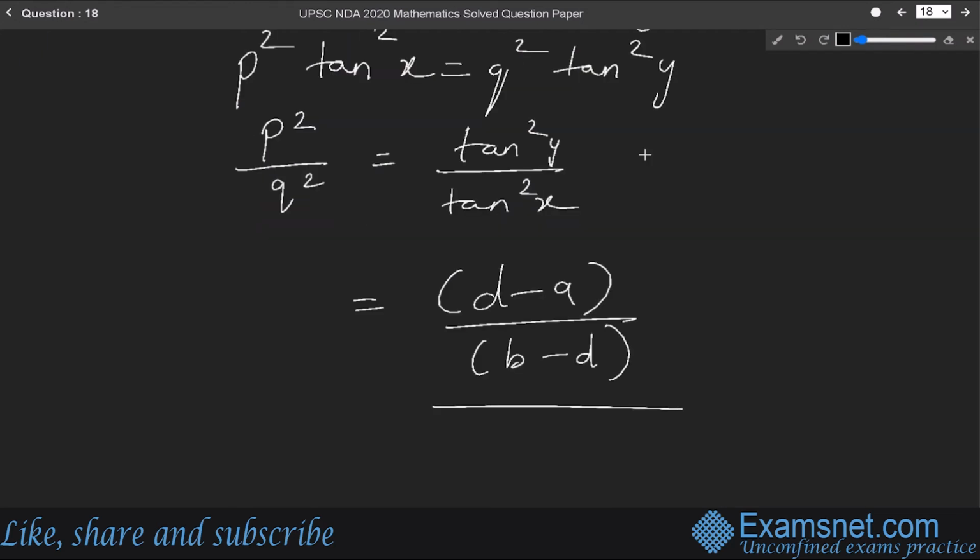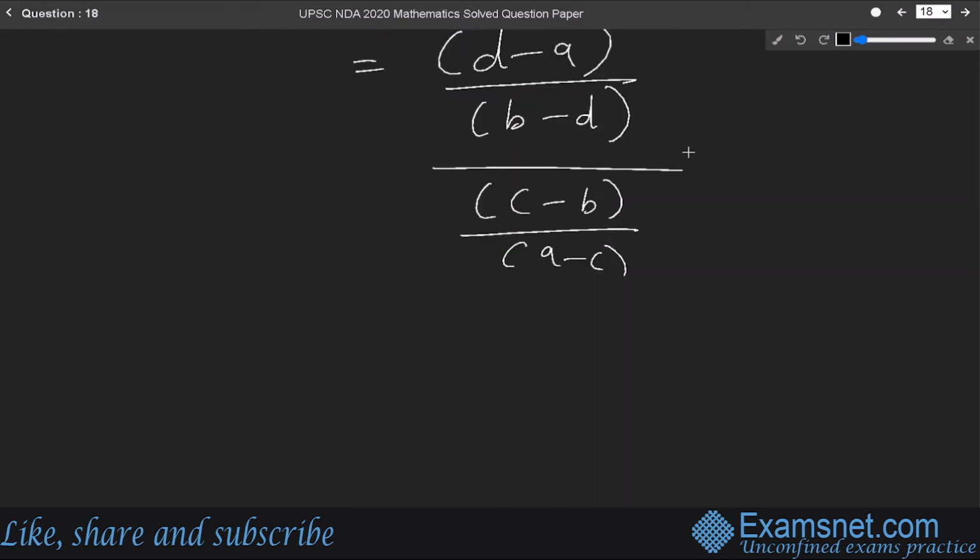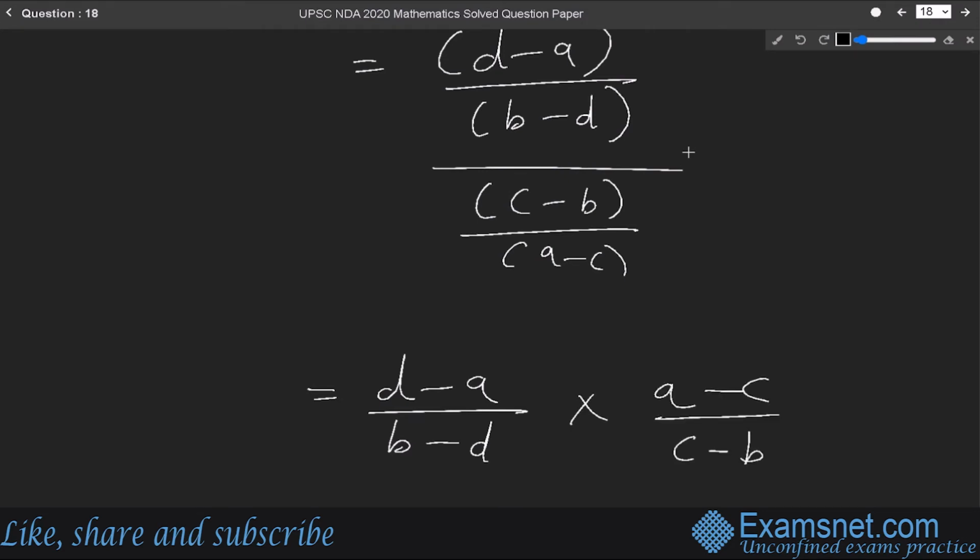the value of 10^(2x) is c minus b upon a minus c. We have already found these values in the previous questions. So further solving it, it will be d minus a upon b minus d into a minus c upon c minus b.